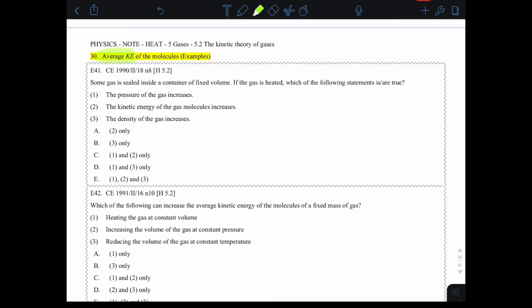Next, we will be looking at the average KE of the molecules at this part. Then hopefully you still remember, or you try to copy, what the average KE is first. The average KE you try to copy will equal 3RT over 2NA.